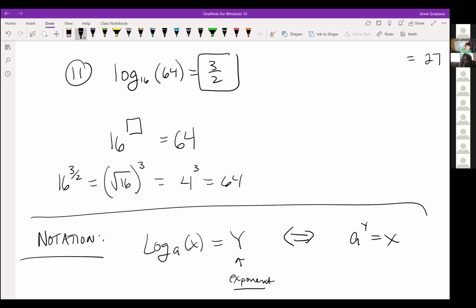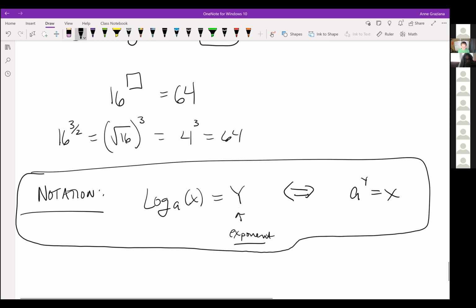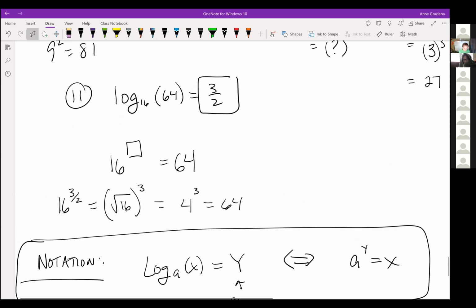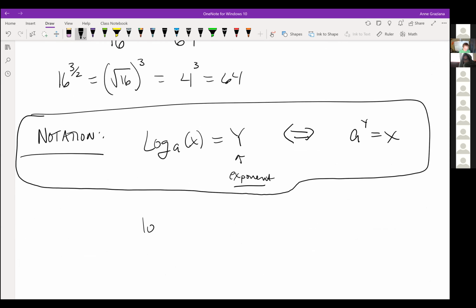So these are the same statements. You can see that in what we've written. Log base 3 of 9 is 2, just like 3 squared is 9. So these are equivalent statements. They mean the same thing, essentially.